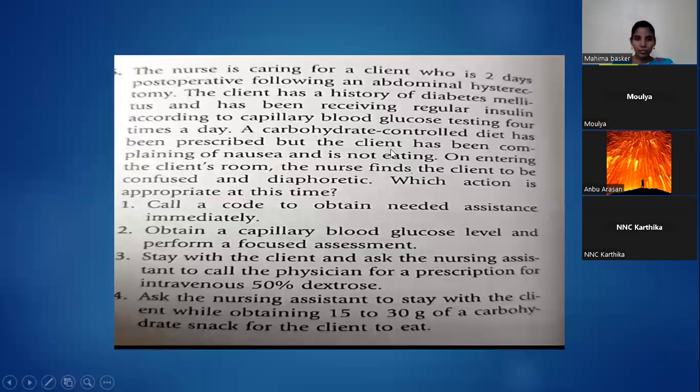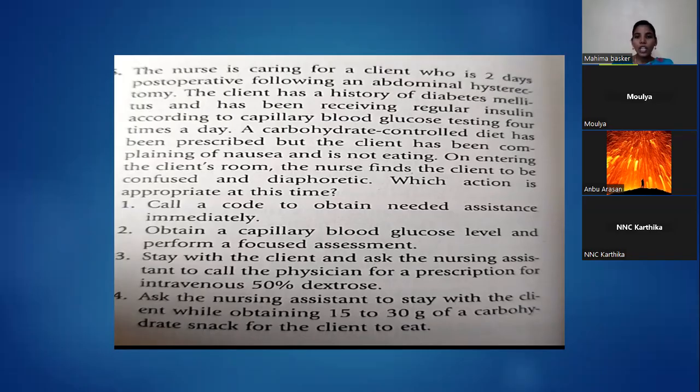Next one. Some big questions are there, but try to read, okay? Because right now itself you have to practice for the 210 questions. The nurse is caring for a client who is 2 days post-operative following an abdominal hysterectomy. The client has a history of diabetes mellitus. If you're not able to read, I'm reading, okay? So follow me.